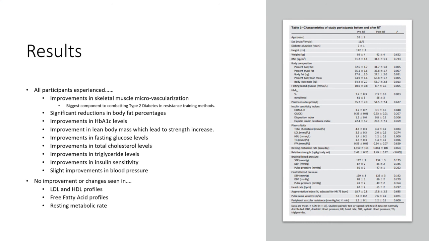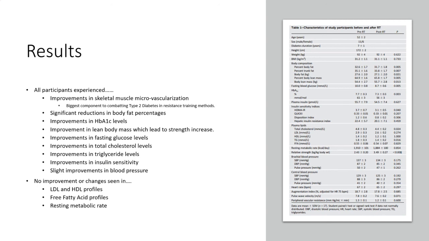Improvements in HbA1c levels, which leads to better glycemic maintenance. Improvements in lean body mass, which is because of weight training. Improvements in fasting glucose levels, improvements in total cholesterol levels, triglyceride levels, insulin sensitivity, and there was a slight improvement in blood pressure.